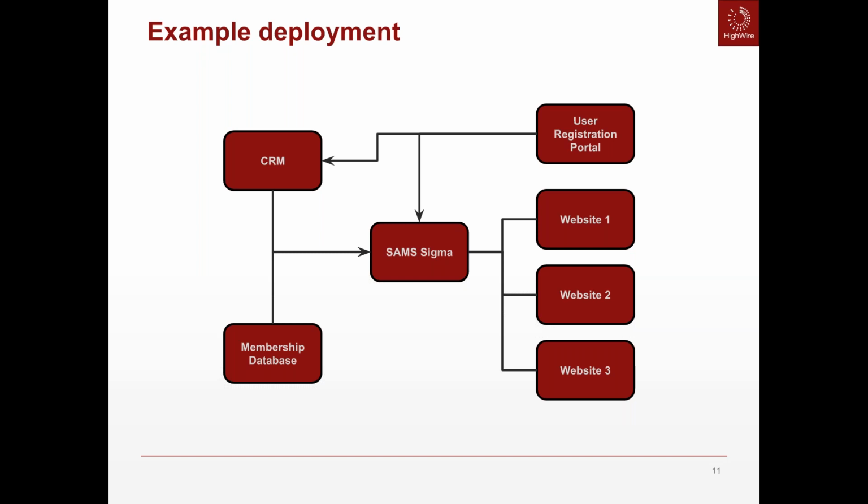It enables that picture of the customer to be visible as appropriate in the CRM, SAMS Sigma, the membership database, etc. Where SAMS sits, who is the data controller and which way data flows would all be part of the analysis and design phase with the customer. But it really is very flexible.